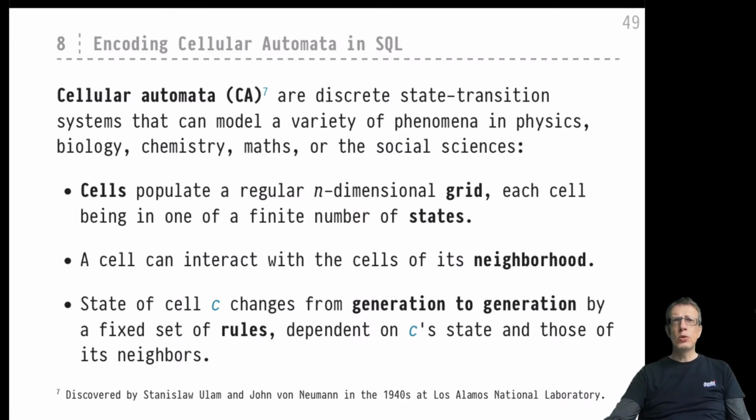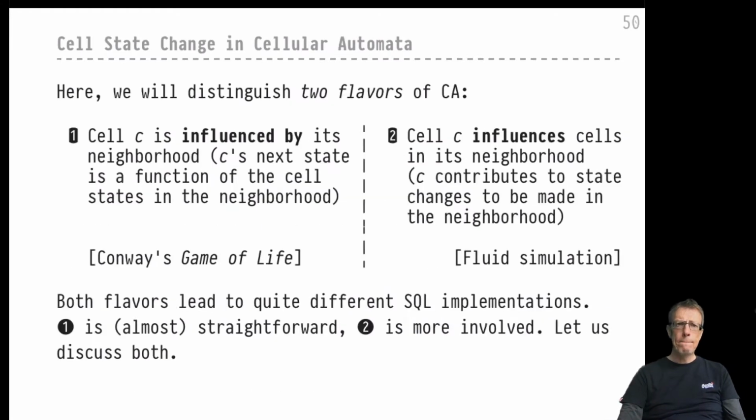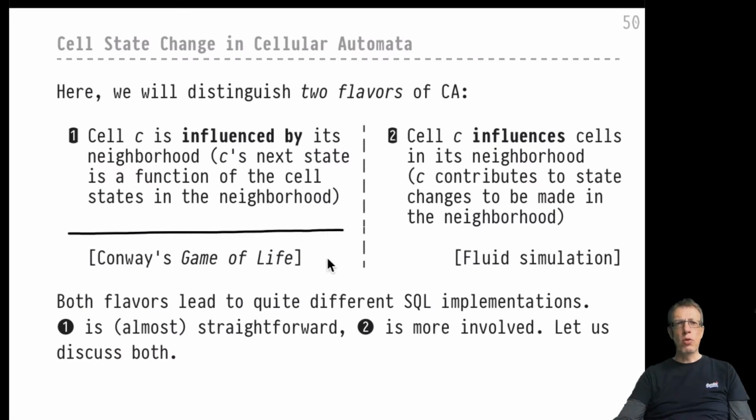Okay. Right. So what we will discuss in this course is actually 2 different flavors of cellular automata. The first flavor on the left here is what we will describe in this video. And it's also the more straightforward variant, at least as it relates to our implementation of CAs in SQL.